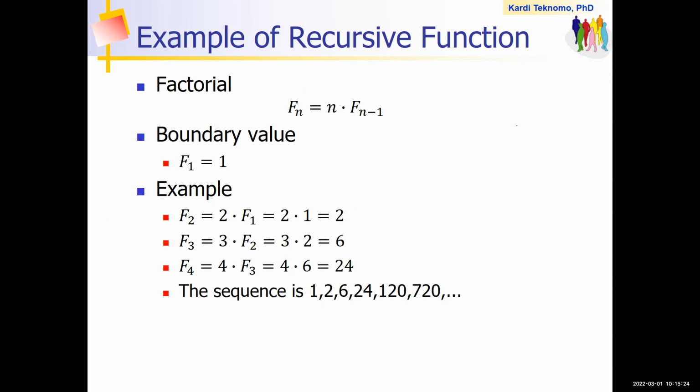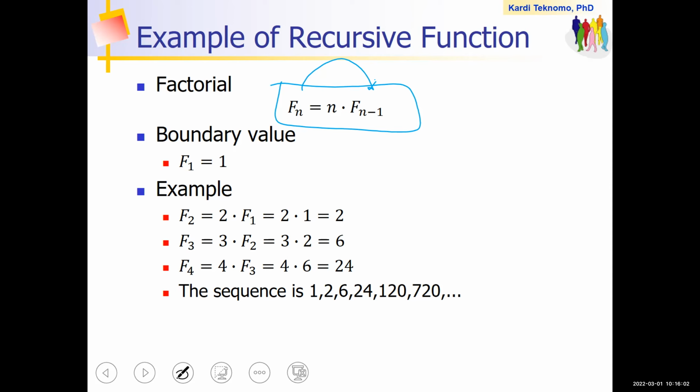Okay, so this is an example of a recursive function. Okay. So factorial, for example, you see you start with boundary value f1 is equal to 1, right? And then this formula here, you will see this is a recursive formula. Why? Because this formula calls itself, yeah? Fn depends on f previous. Fn is f current, and then fn minus 1 is f previous.